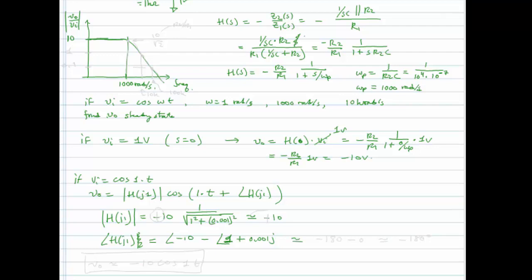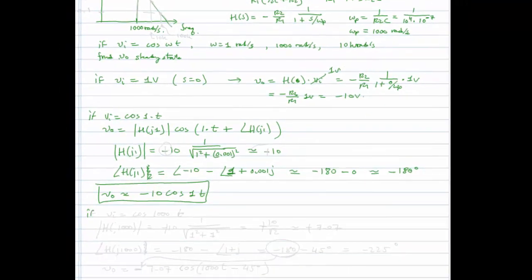Well, the angle of minus 10 would be plus or minus 180, minus the angle for the denominator, which is going to be approximately 0, because 1 just swamps out the 0.001j. So we're approximately at minus 180 degrees. So we have VO is approximately minus 10 cosine 1 times t.